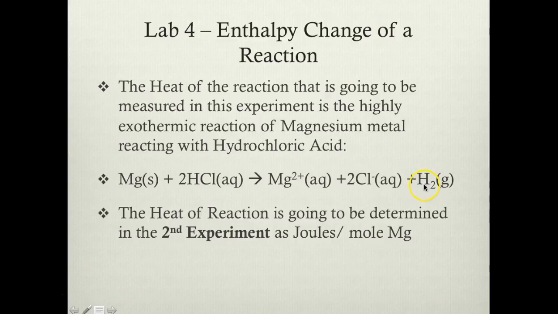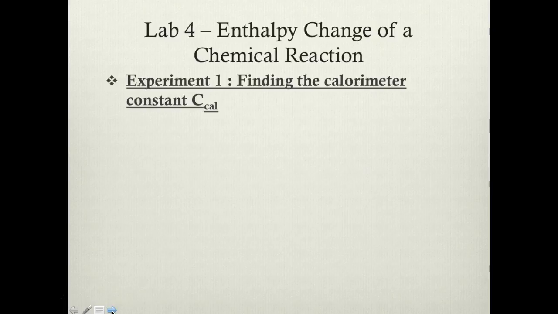You're also going to calculate the amount of heat, and heat can be looked on as a product because it's exothermic, it's coming out. The amount of heat generated for 1 mole of magnesium is going to be calculated in the second set of experiments. In the first experiment, it's trying to find that Ccal, or the calorimeter constant.